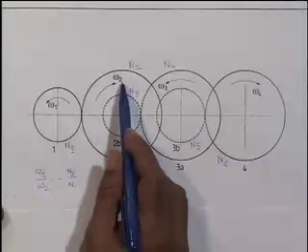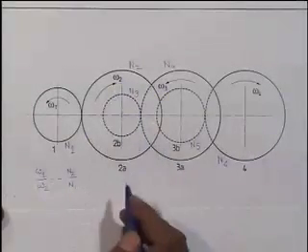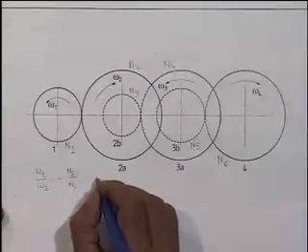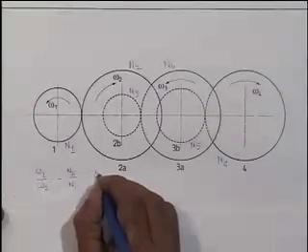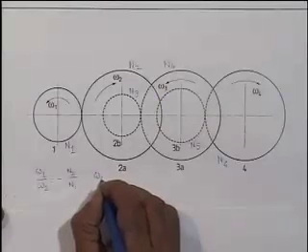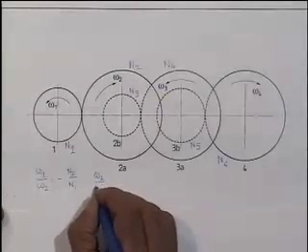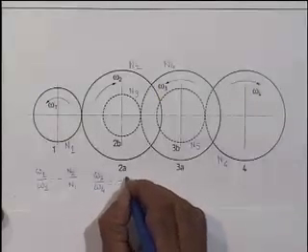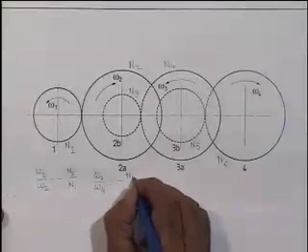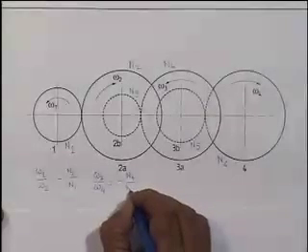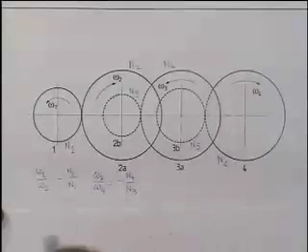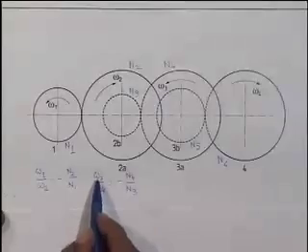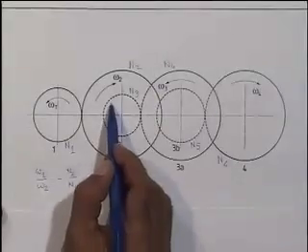Now omega 3 is same as omega 2, and omega 3 which is same as omega 2, I can write omega 2 by omega 4 is minus N4 by N3. Omega 2 is same as omega 3.